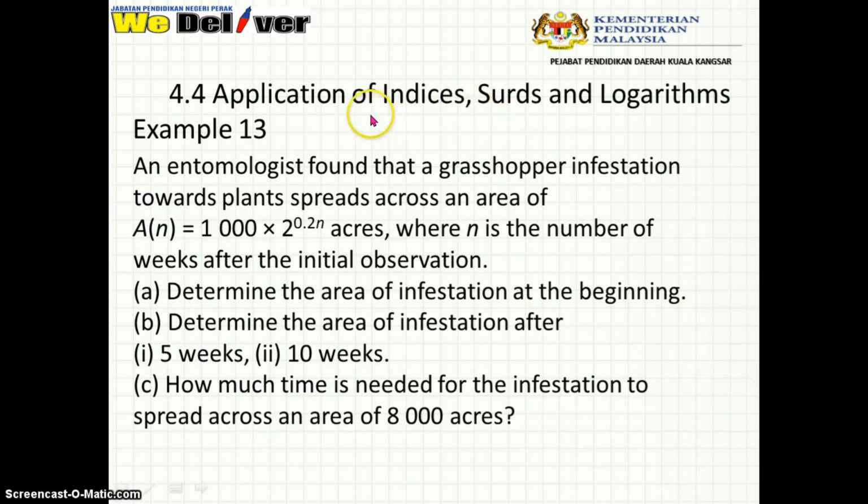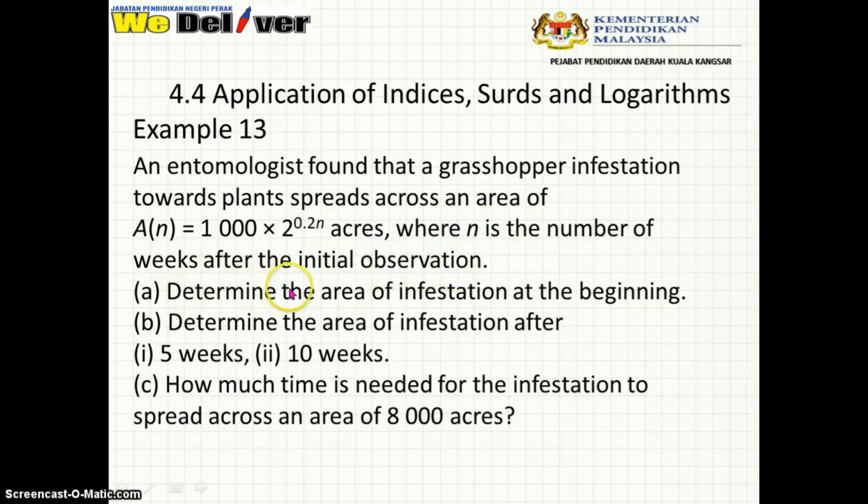So let us see the application of indices, surds, and logarithms. Example 13. An entomologist found that a grasshopper infestation towards plants spread across an area of A(n) equals 1000 times 2 to the power of 0.2n acres, where n is the number of weeks after the initial observation.